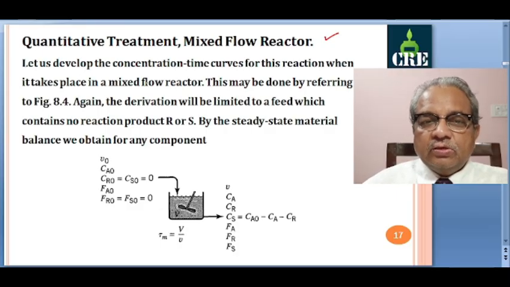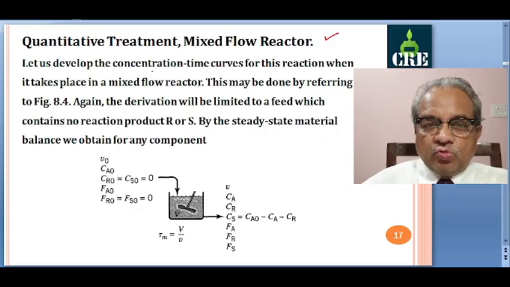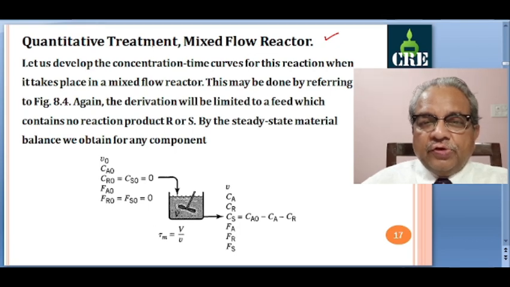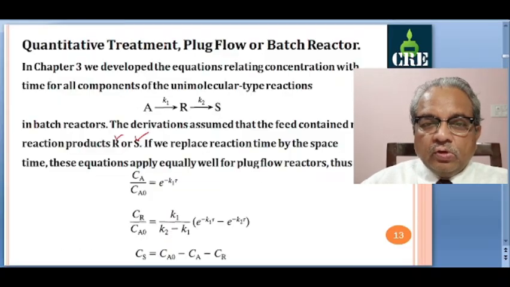In examination, if the derivation is asked for finding CR max by CA0, when you carry out A gives R gives S reaction in a plug flow reactor, your answer should not be just that these are the equations for CA by CA0, CR by CA0, with e to the power minus K1 tau and minus K2 tau.